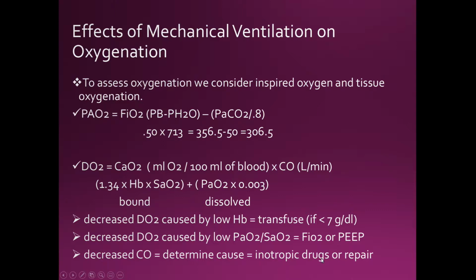Inotropic drugs. Inotropic means that it slows down the heart rate, but it increases the contractility of the heart, primarily the ventricles. So something like your digoxin would be an example of inotropic drugs.